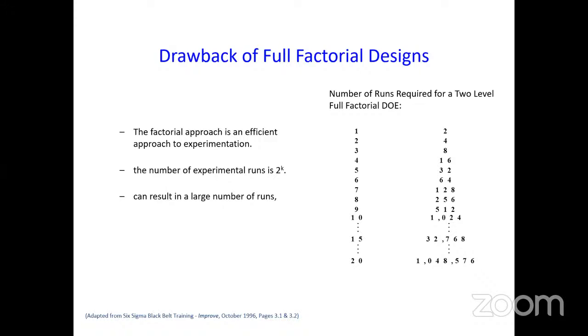But there are some drawbacks of factorial design. If there are 2 factors, 2 raised to the power 2, that's 4 experiments. If you have 3 factors, like temperature, pH, and pressure, 2 raised to the power 3, you have to do 8 experiments. If you have temperature, pH, pressure, and carbon amount, then 2 raised to the power 4 is 16 experiments.